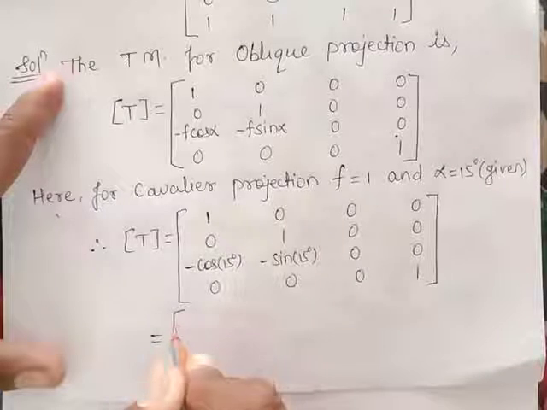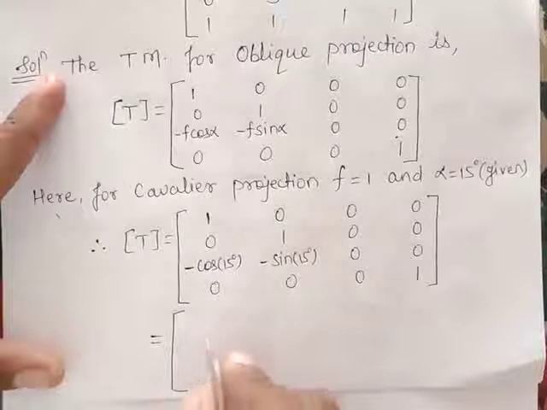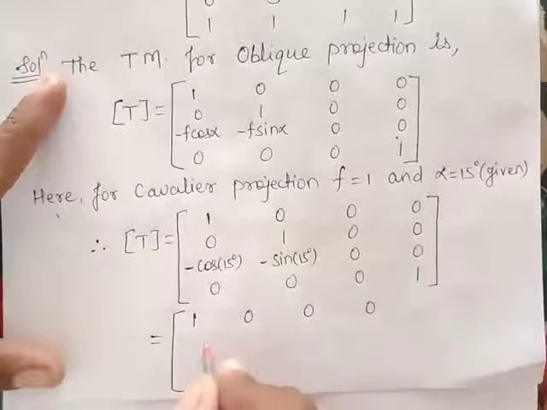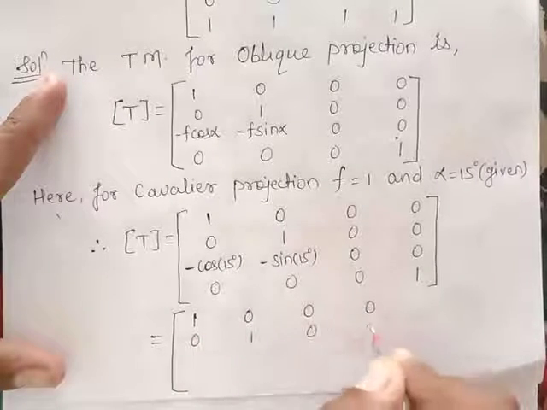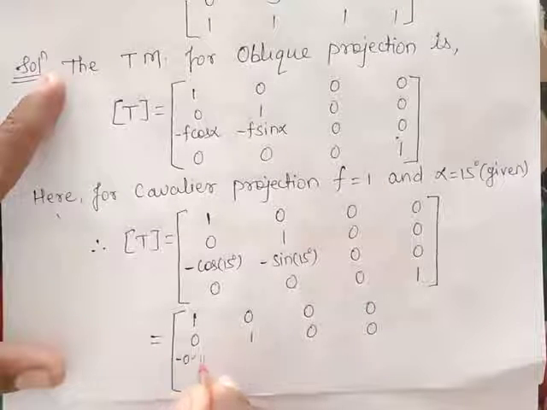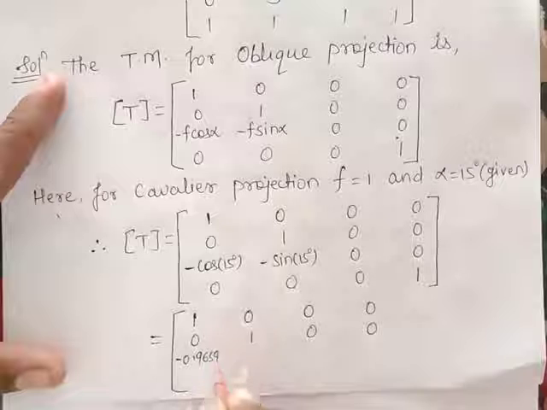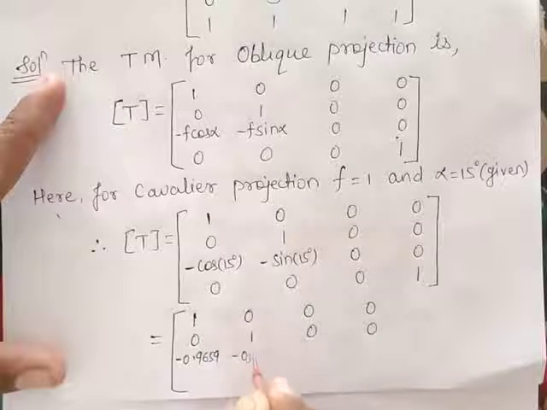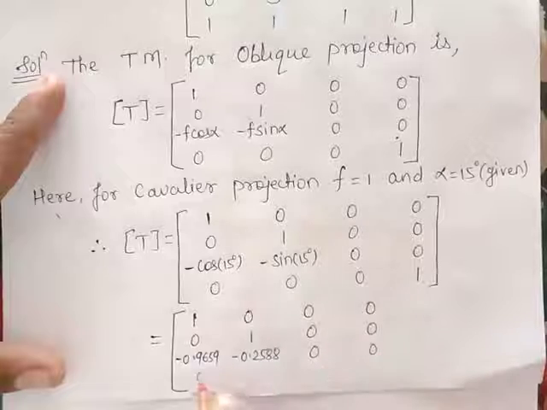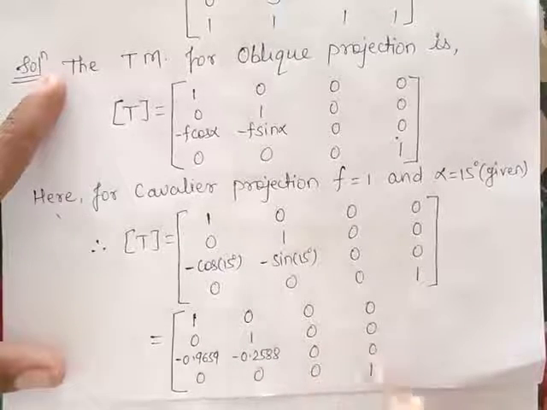This gives us the transformation matrix 1, 0, 0, 0; 0, 1, 0, 0; minus 0.9659, minus 0.2588, 0, 0; 0, 0, 0, 1.